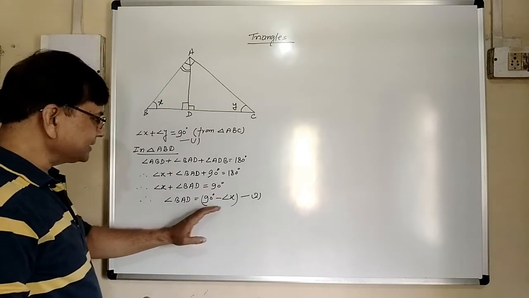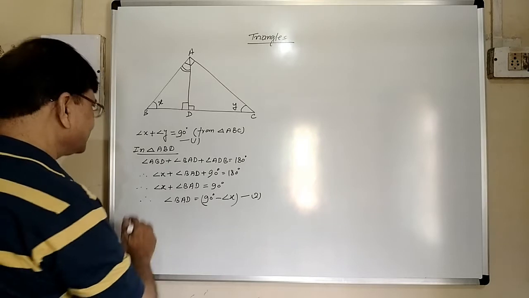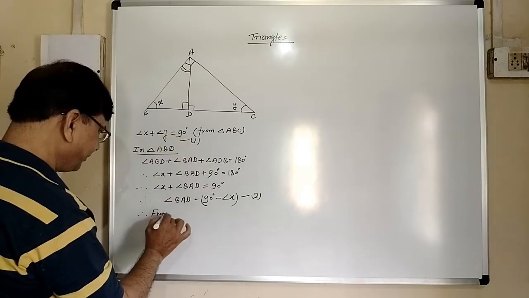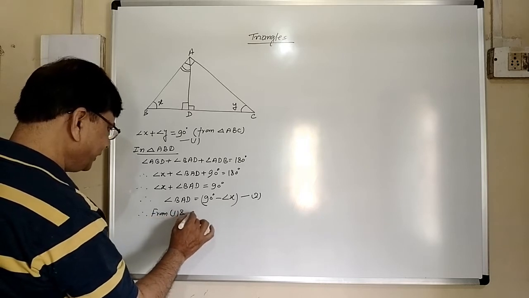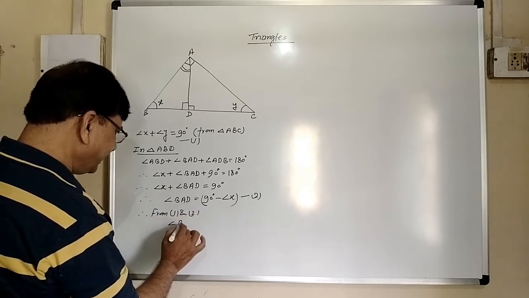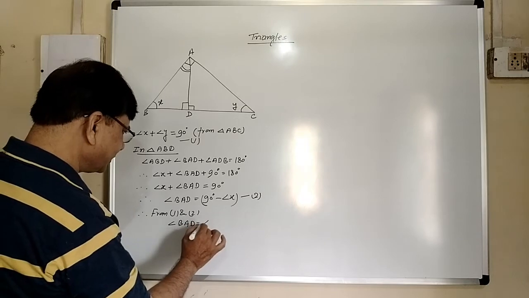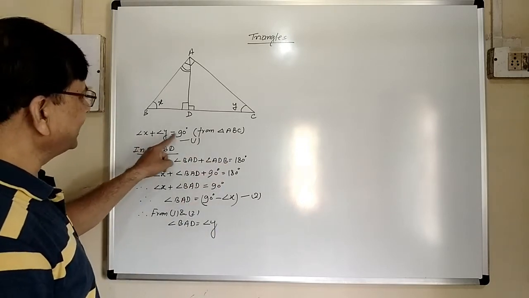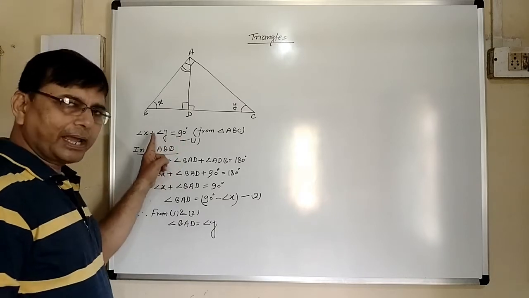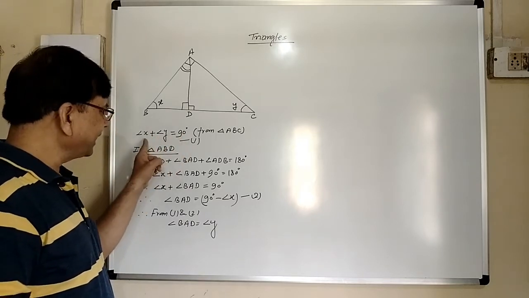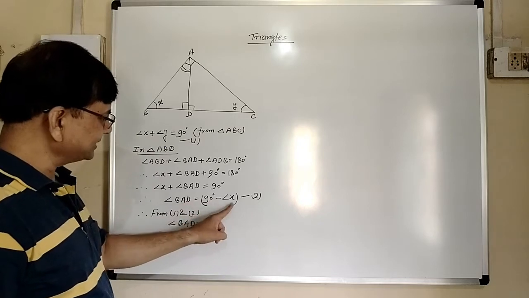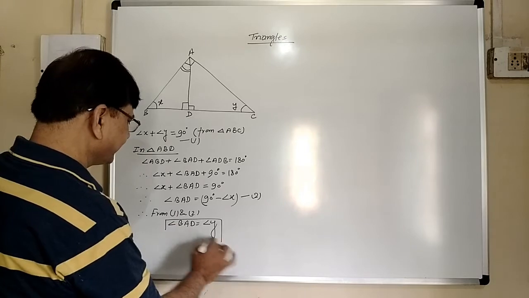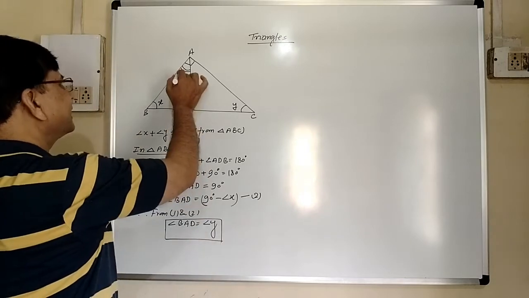The angle BAD is 90 degree minus X. So from 1 and 2, angle BAD is equal to angle Y, because angle X plus angle Y is equal to 90 degree, therefore angle Y is equal to 90 minus angle X. So BAD is Y. Very important. Now this angle is Y.